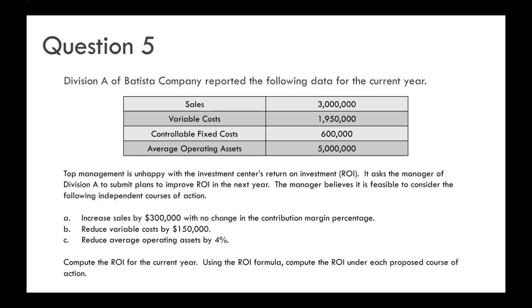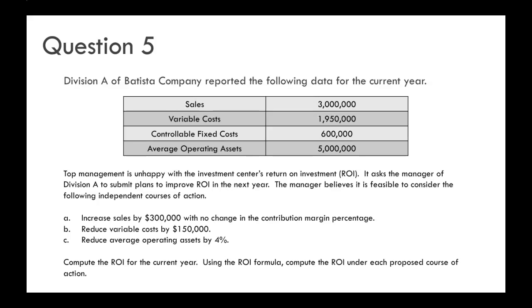A says increase sales by $300,000 with no change in the contribution margin percentage, or the contribution margin ratio would be another way to word that. B says reduce variable costs by $150,000.